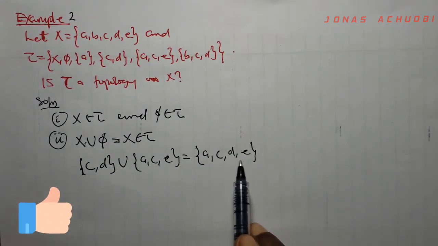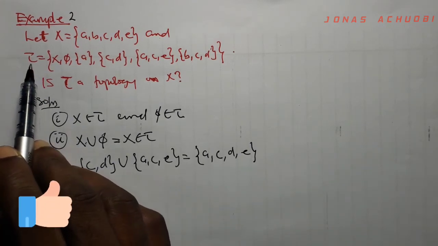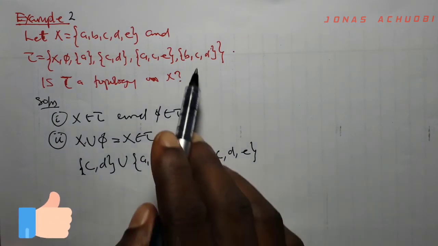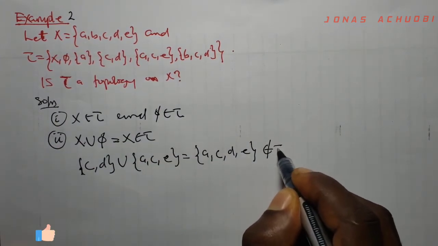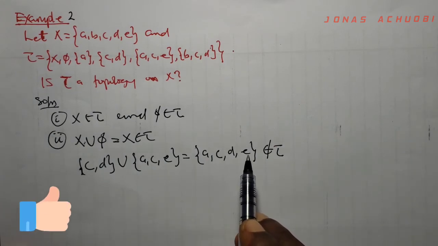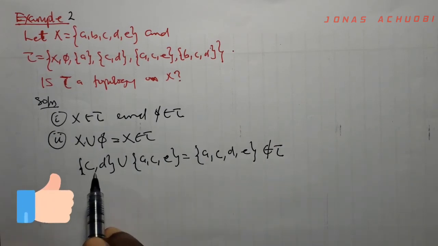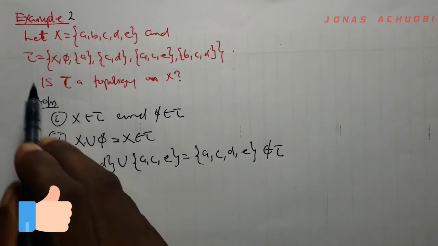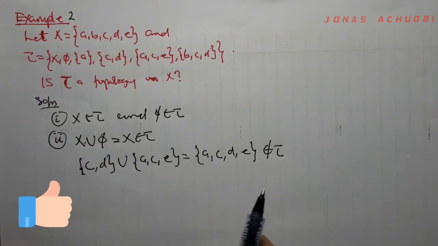The open set ACDE, is it a member of the collection tau? We check. ACDE is not a member of the collection tau. Since the open set ACDE, which is a union of the two open sets CD and ACE, is not a member of the collection tau, we check no further.